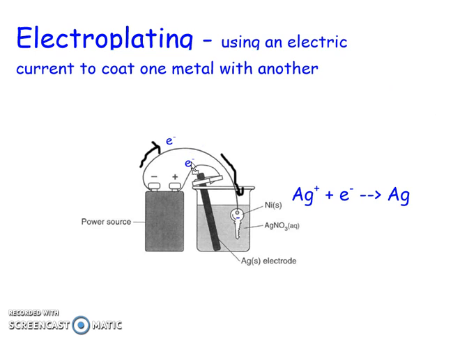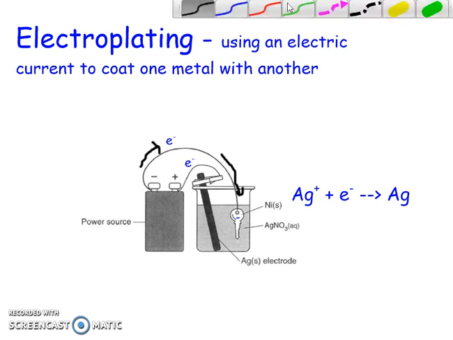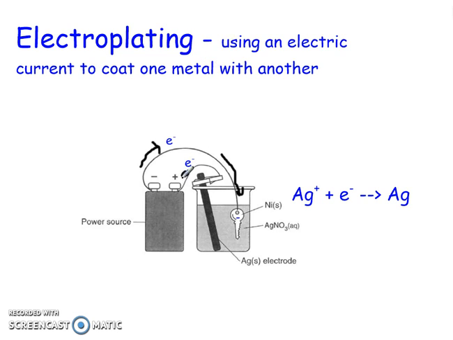We also have electrons flowing into the positive side of the battery. So the electrons are flowing into that, which means they are flowing out of that electrode. So this now has a positive charge on it.